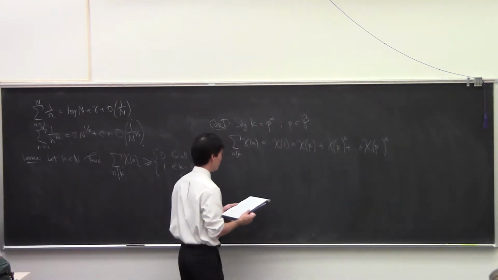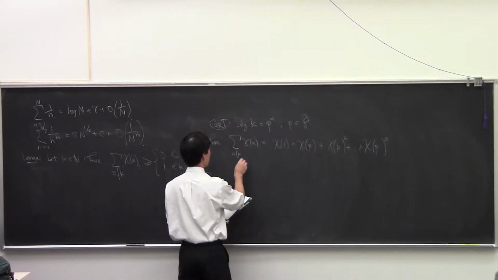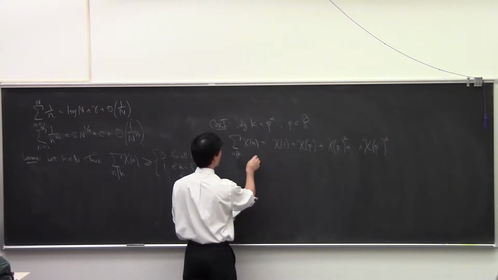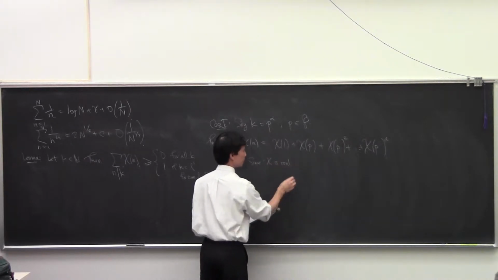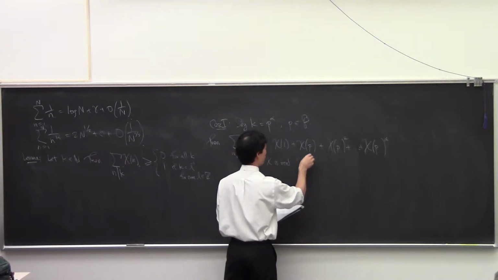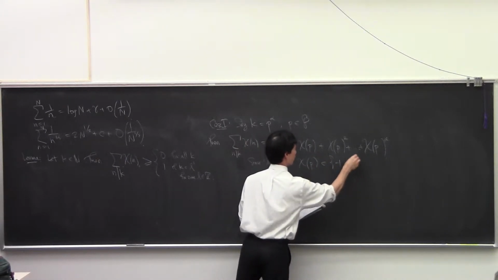Okay, and then what is this? Well, since chi is a real character, we know that chi(p) is either -1, 0, or 1.